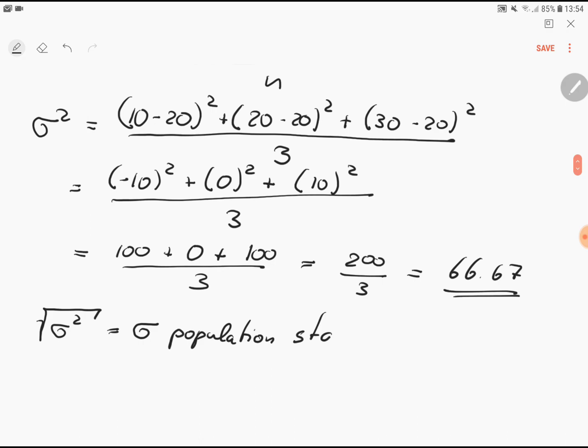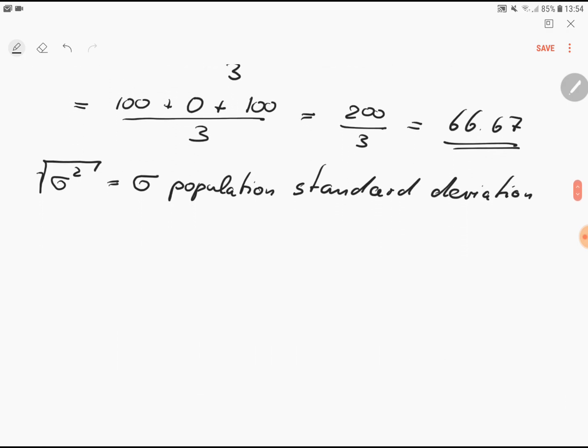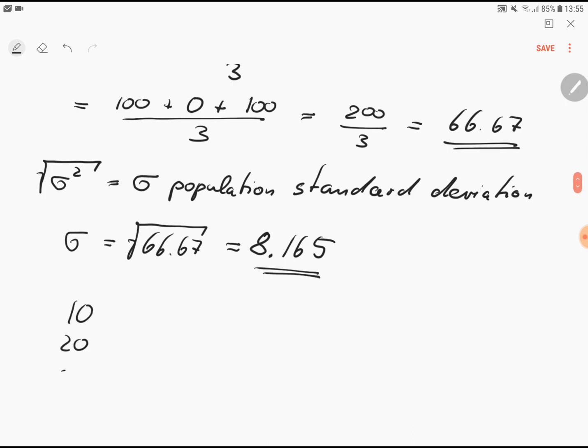What we do in this case is take the square root of 66.67, and that gives us the population standard deviation of 8.165.